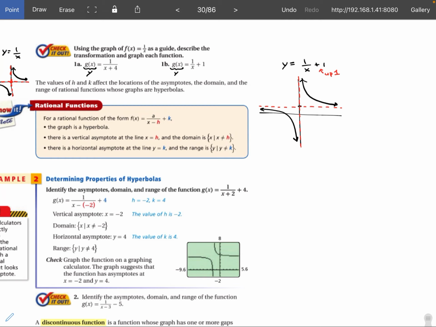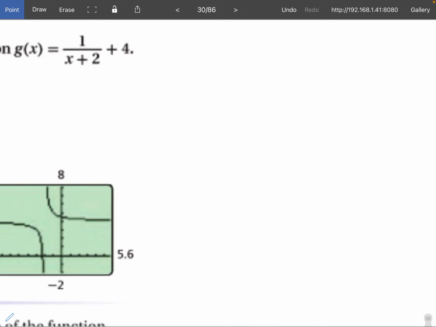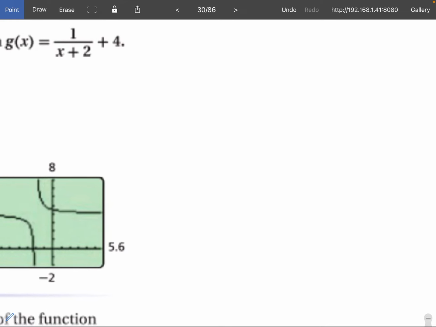All right, let's do this example 2 here. So this one now says to identify the asymptotes and the domain and range, and we don't have to graph it, I guess, but we probably will just because it'll help us. So we're going to look at this example 2 right here.